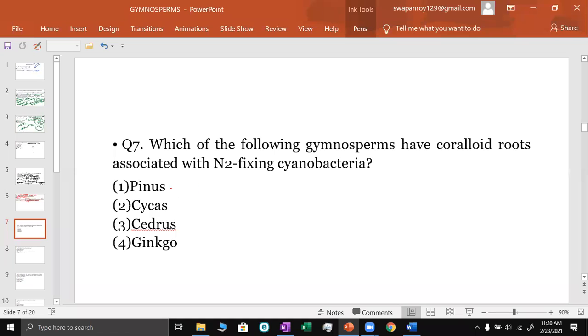Pinus. Option 2, sir. Option 2. It is Cycas. Cycas has two types of root, no? Normal and coralloid.